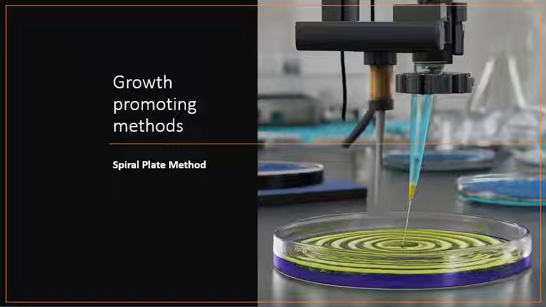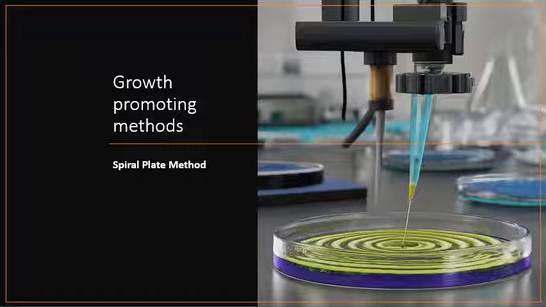It has other advantages over pour plates and spread plate, because it is specialized in dispensing a known volume of sample onto a rotating agar plate in a spiral pattern.